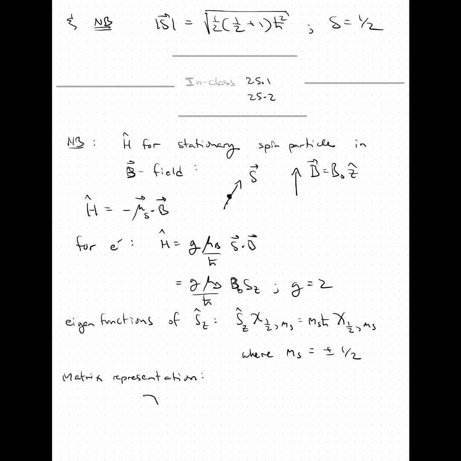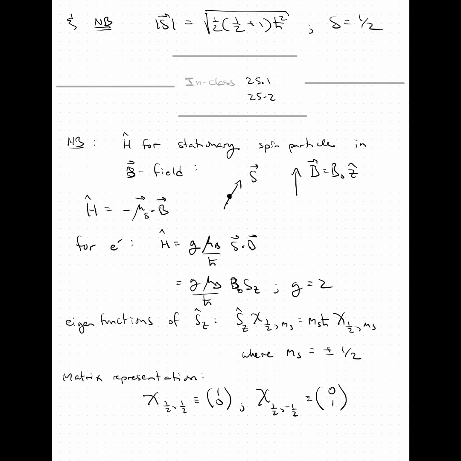So we'll consider them. Chi plus a half is 1, 0. Chi minus a half is defined to be 0, 1.